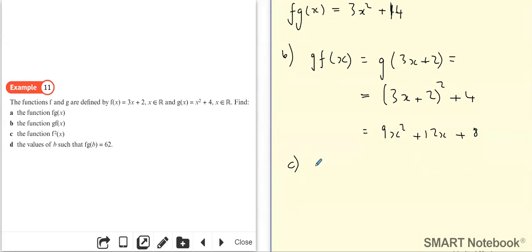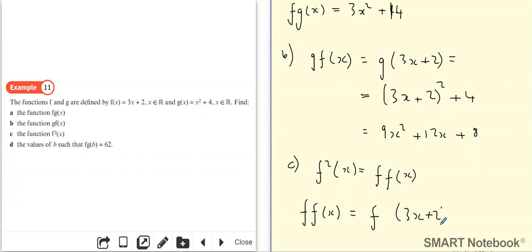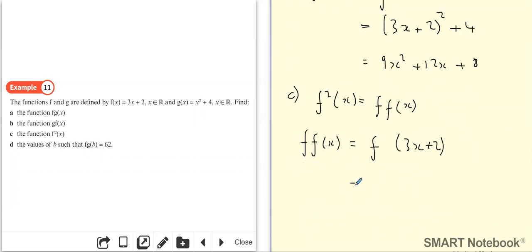So f squared, what is f squared of x? Well, that's the same as saying f of f of x. And so f of f of x is the same as saying f of 3x plus 2. And so we get 3 times 3x plus 2, plus 2.